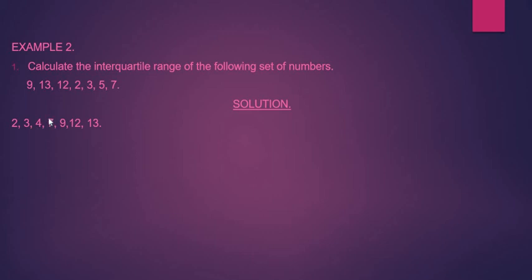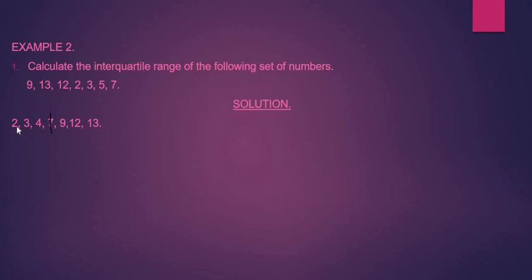So we can draw a line over here to express this as the median. Now you can see that I've used the line that is expressing the median to cancel the 7 out.